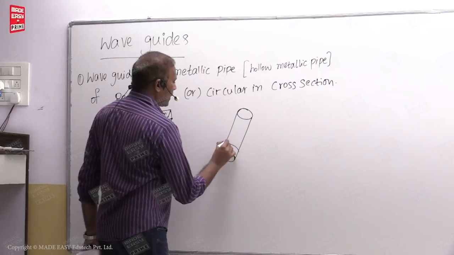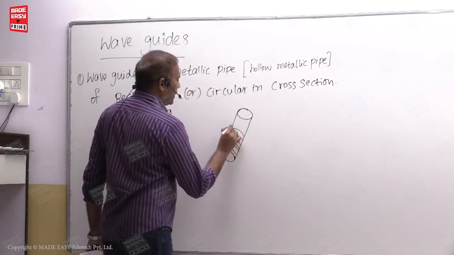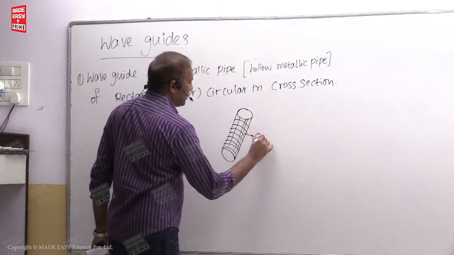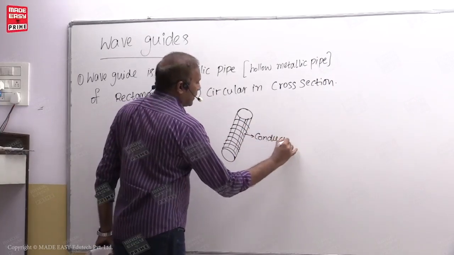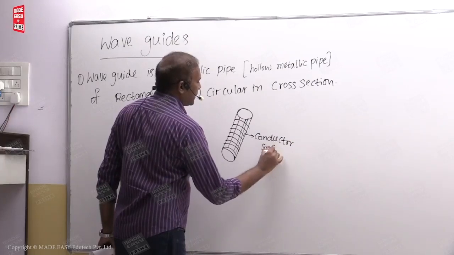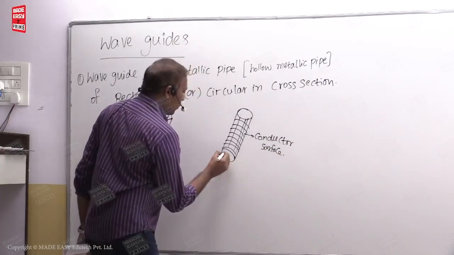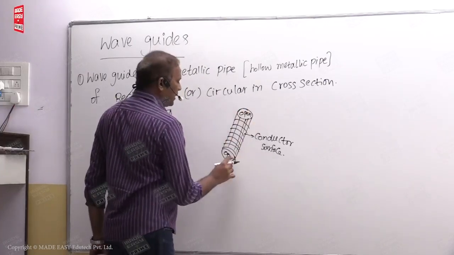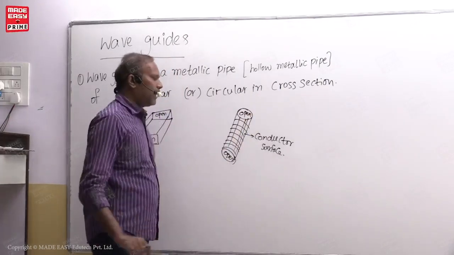Okay, so this is all conducting surface, and this is a conductor surface, and this is open, here also open. This is input, and output is sent there.